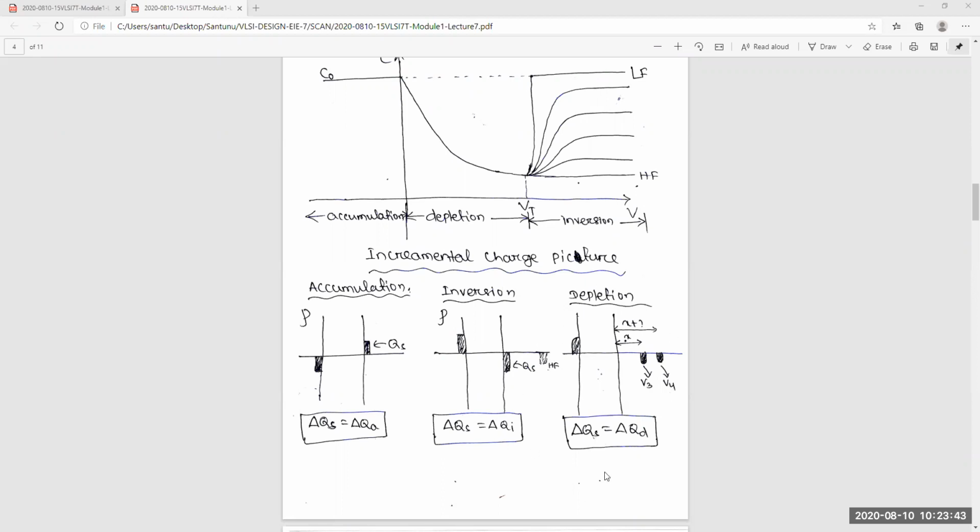Now check the depletion region, when you are increasing these charges at the positive. In some cases these charges will come with a depletion distance of x.